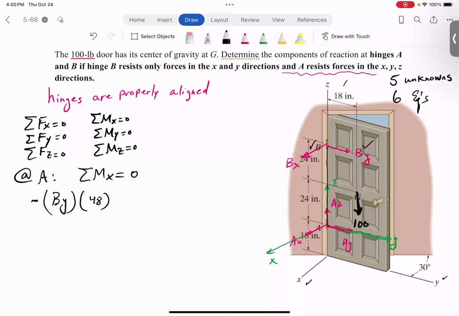And then on top of that, we have also the moment of the 100-pound weight about the x-axis. That's 100 times 18, and this one is also going negative. If you put your 4 fingers in the direction of 100 in the negative z and rotate it about the x-axis, you end up getting a negative 100 times 18. So go ahead and divide 1800 by 48.